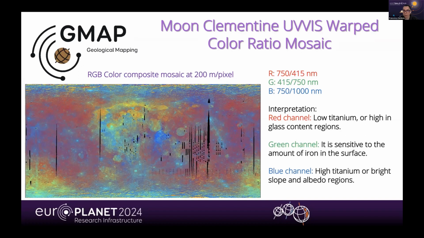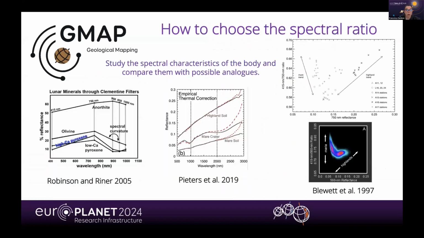The red channel indicates regions with low titanium and high glass content, while the green channel is more sensitive to the iron amount, and so it can be used to map the mafic minerals. Then the blue channel is more typical of high titanium regions.